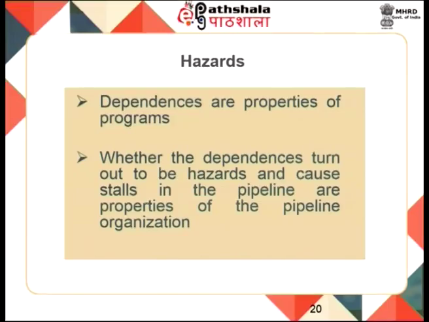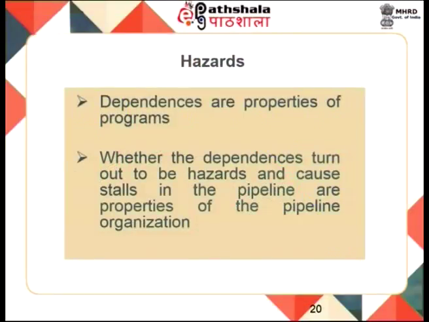Now, looking more at data dependencies and hazards. All these dependencies that we looked at, the data dependencies, where you may have either a true data dependence or a name dependence, are properties of programs. So, whether these instructions come together or are separated in space, they are still dependent on each other. They are properties of programs, but whether they give rise to hazards when implemented in a pipeline depends on the order of execution of these instructions.